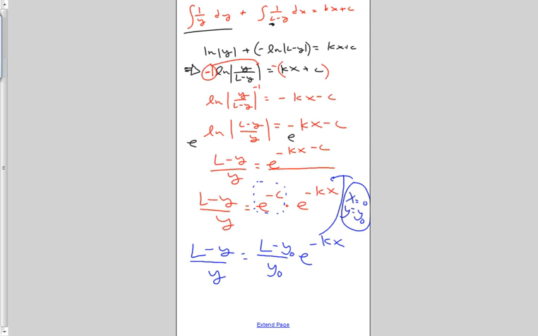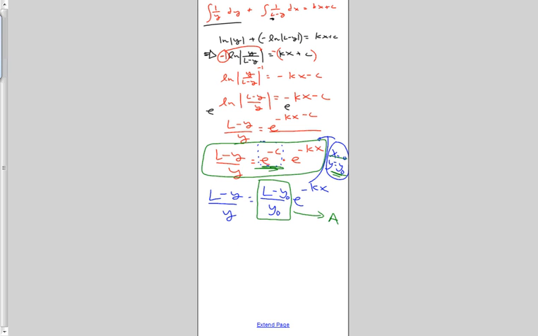Again, this value comes from plugging our initial value where x equals 0, y must be its initial y value, into this equation just to solve for our constant. But from now on, let's call this value A. Okay, so continuing on, clearly this is a challenging integration problem. We have L minus y over y equals A e to the negative kx.